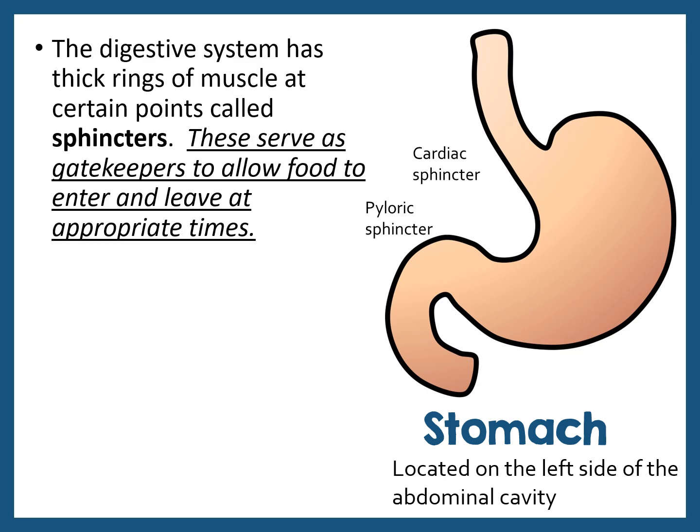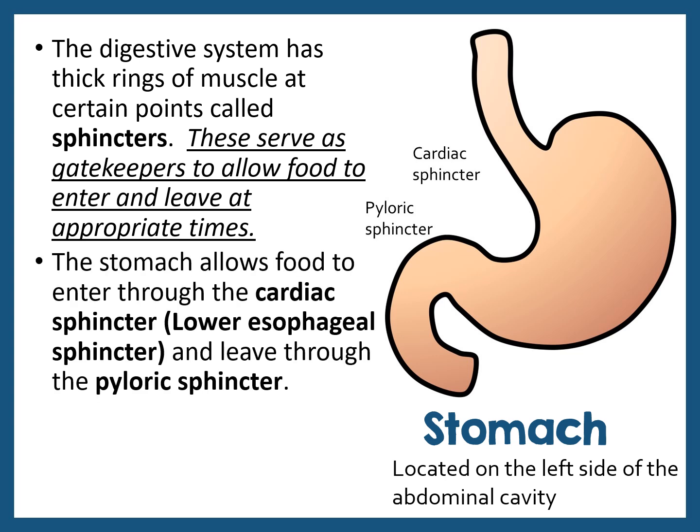The digestive system throughout it has these thick rings of muscles, and they are extensions of that circular layer, and they thicken to form sphincters. The sphincters are like the gatekeepers. They will open and close to allow things to move throughout the gastrointestinal tract.